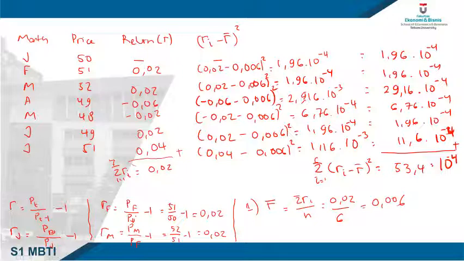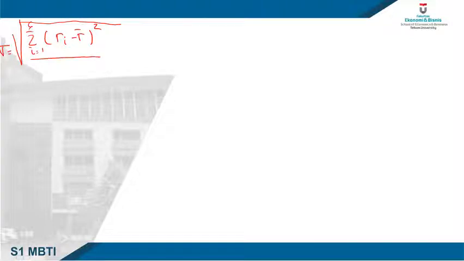Now I'll change the slide first. After we got the sum from 1 to 6 of (Ri minus R bar) squared, the risk is the standard deviation, the square root of these divided by n minus 1, remember?